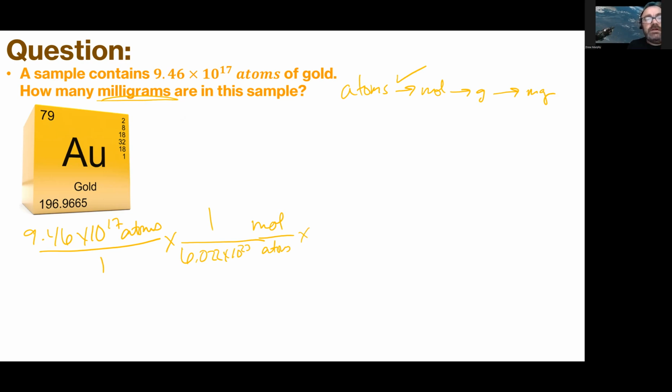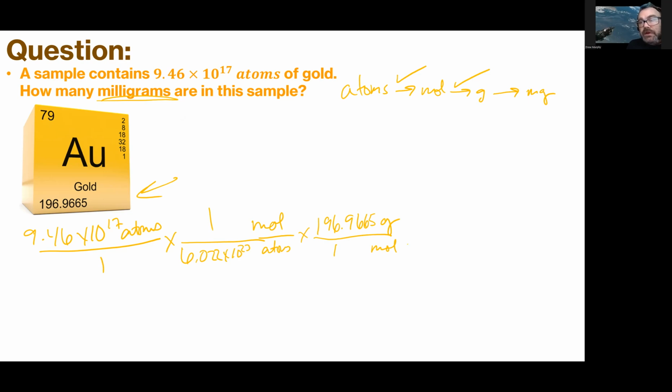Yellow on yellow is not the best way to do that. But there's our atomic mass, so that's what we're going to do here. We want moles on the bottom and grams on the top, so those cancel out. This number is 196.9665 grams, and that's for 1 mole. Now we're at grams.